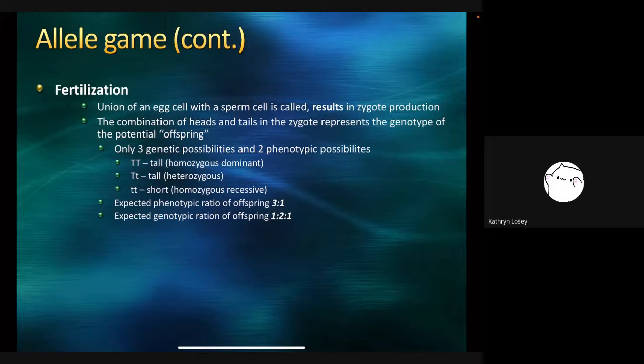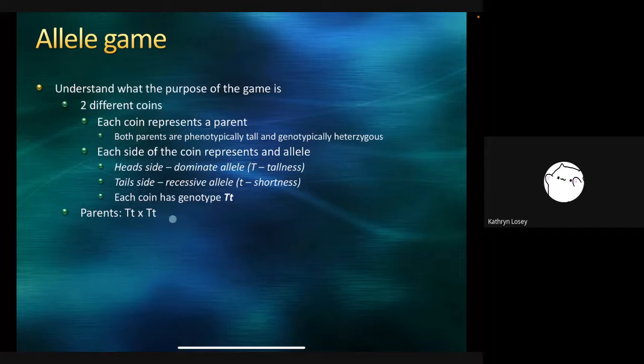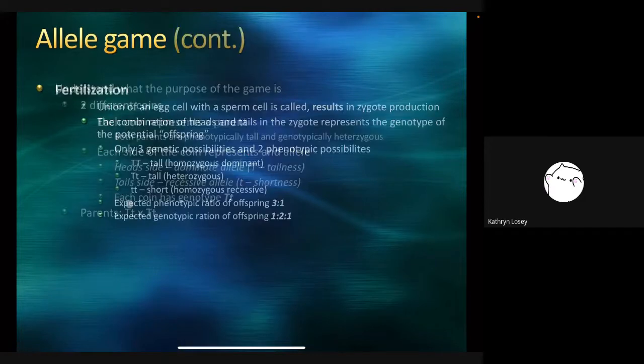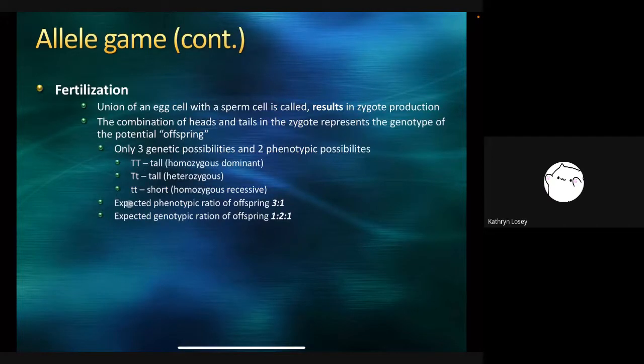With both parents being heterozygous, the only 3 genetic possibilities are homozygous dominant, 2 capital T's, heterozygous, capital T, lowercase t, and homozygous recessive, lowercase t, lowercase t. And you only have 2 phenotypic possibilities, tall and short. Remember that heterozygotes express the dominant trait.